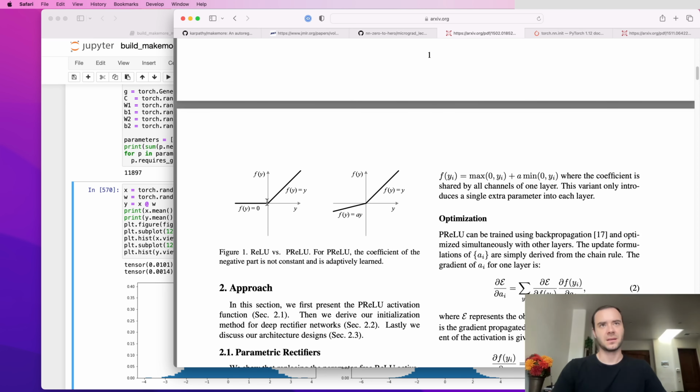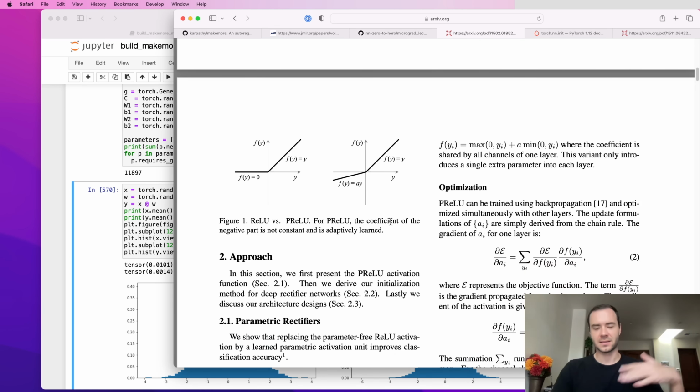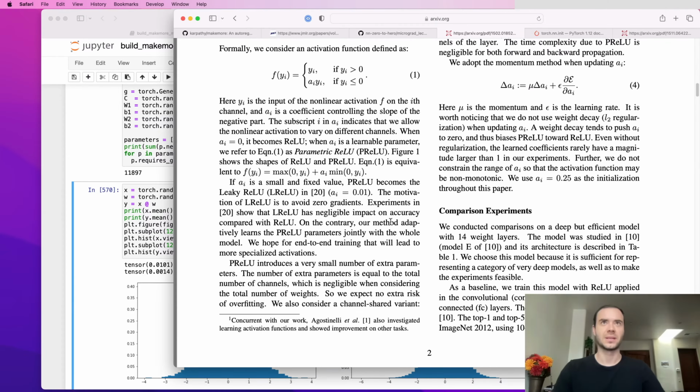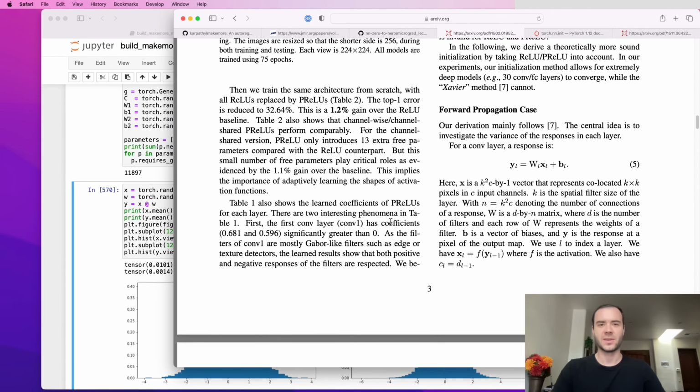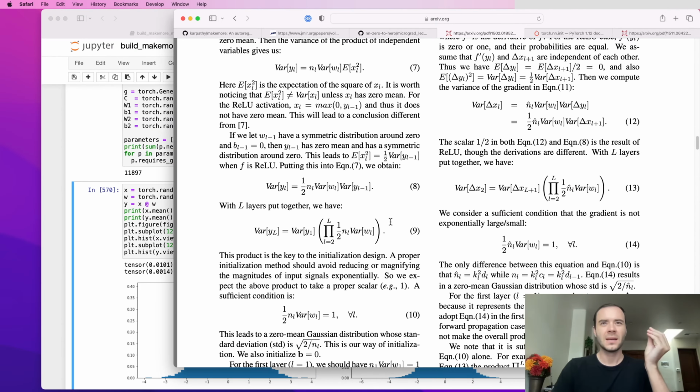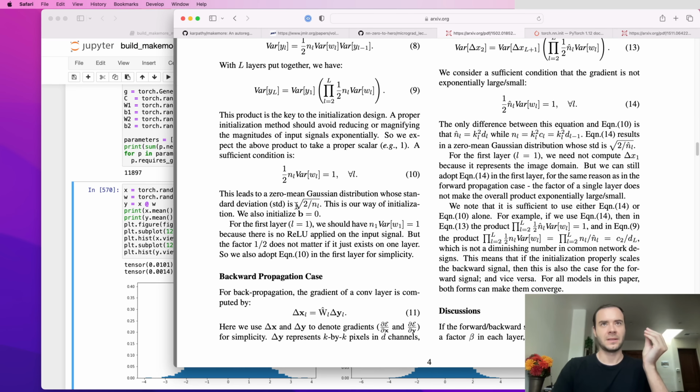And because you are basically throwing away half of the distribution, they find in their analysis of the forward activations in the neural net that you have to compensate for that with a gain. And so here, they find that when they initialize their weights, they have to do it with a zero mean Gaussian whose standard deviation is square root of 2 over the fan-in.